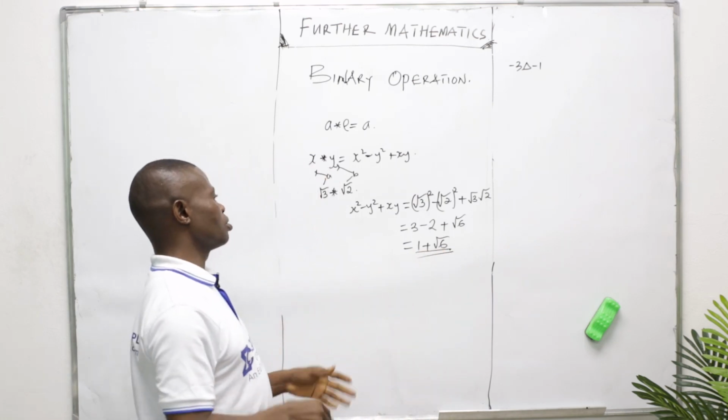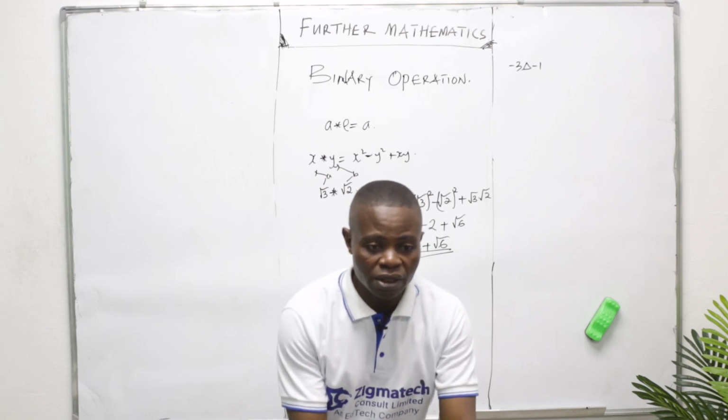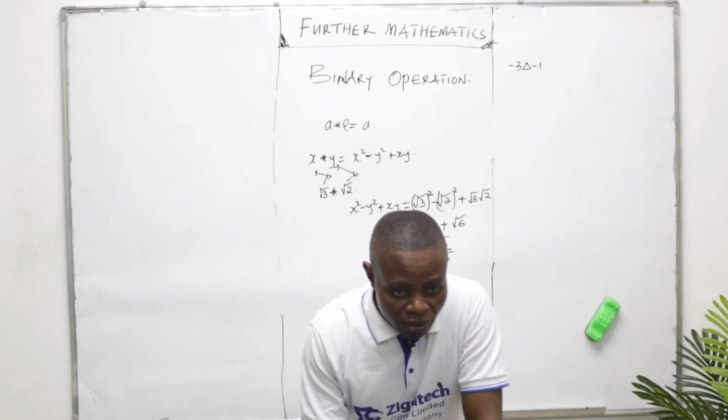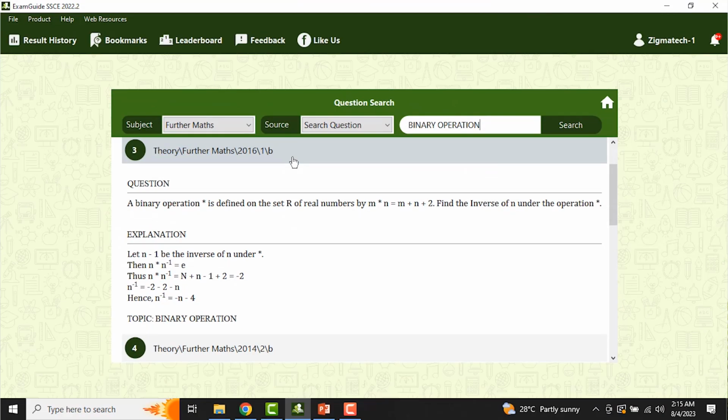So the solution is what? 1 plus root 6. Now let us look at a question under identity element. Let's search for it. We have done this one enough. Find the inverse of the element. Okay. Now look at a binary operation. This is defined on the set R of real numbers.